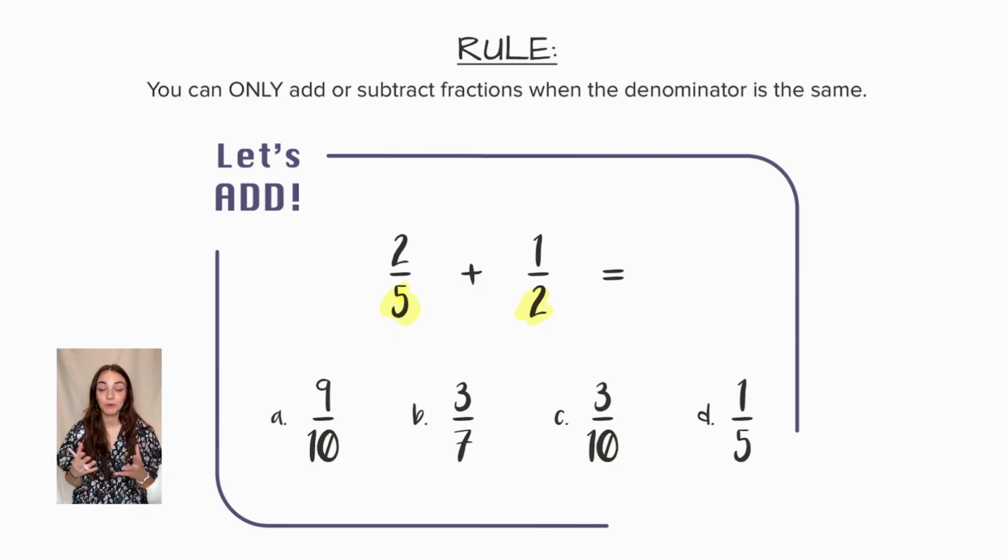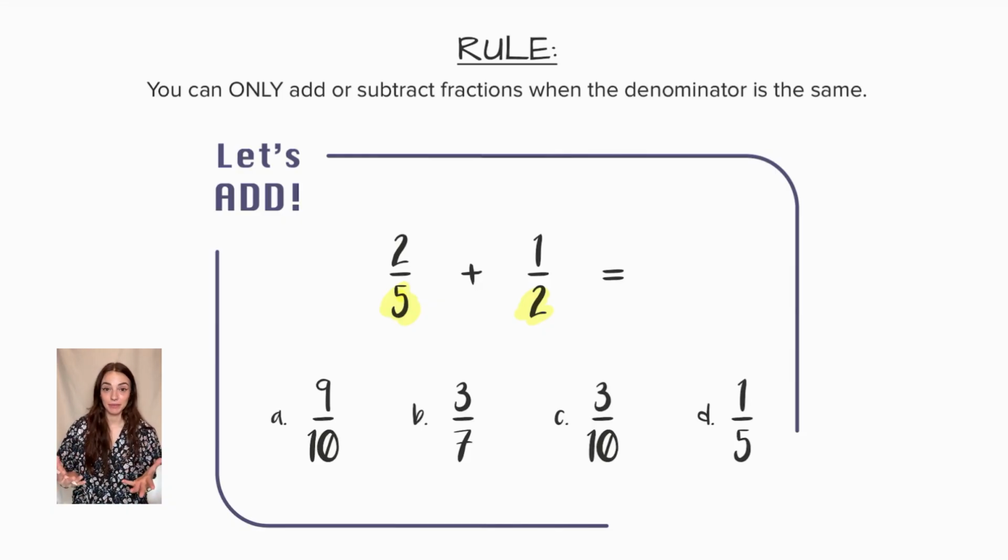Well, of course, if you have a calculator and you want to practice with your calculator, feel free to use it, plug this in, and see what the calculator comes up with. If you're working on mental math and we want to make sure that we know the proper steps, then the first thing we need to do is make our denominators match. Okay, well, how do we do that?